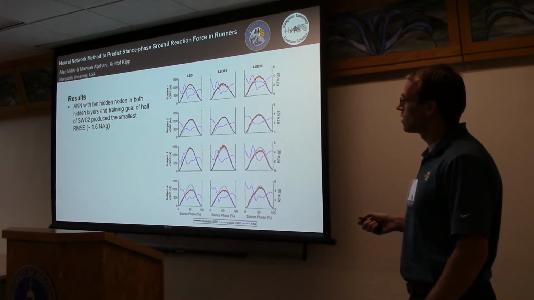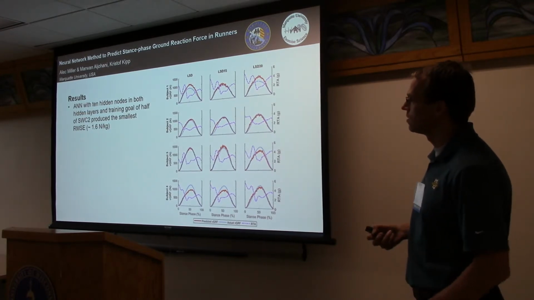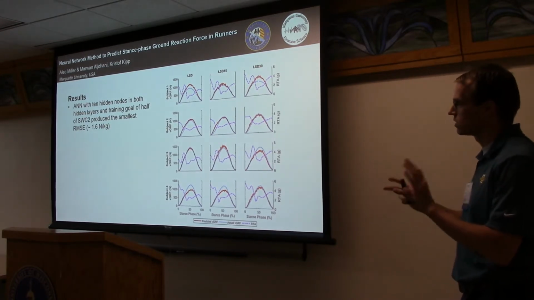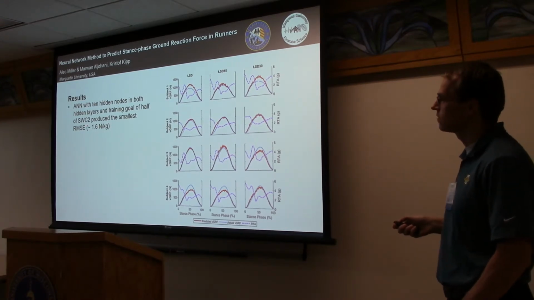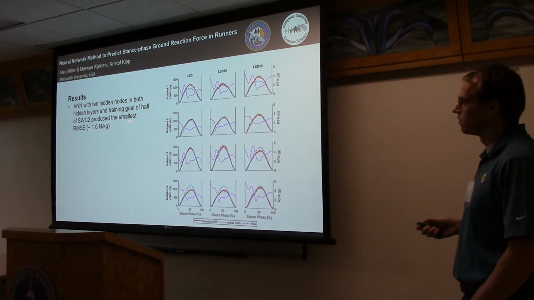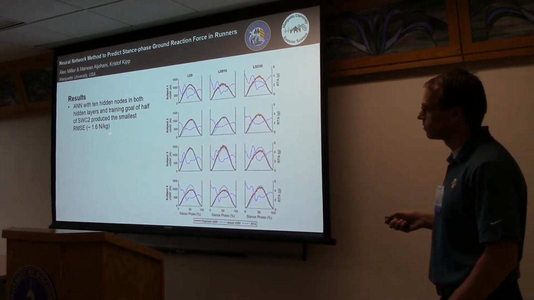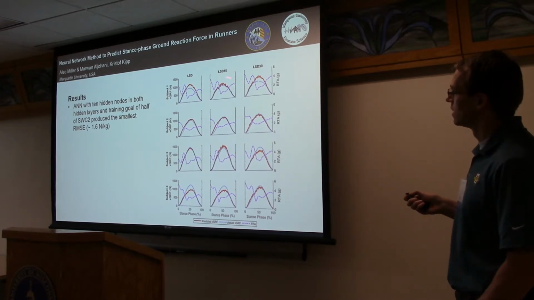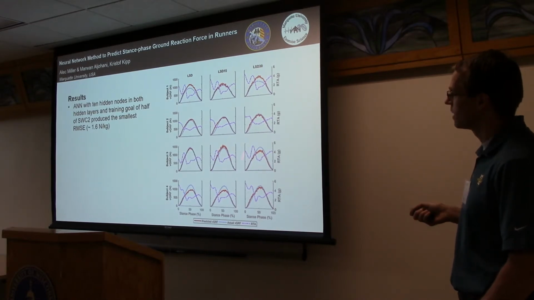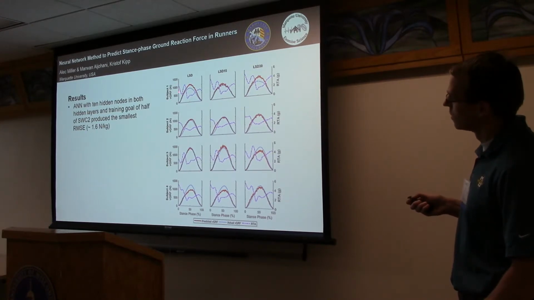One of the things that we found is that using 10 hidden nodes in the first and second layer and a training goal of the smallest worthwhile change divided by half gave us an acceptably low error.